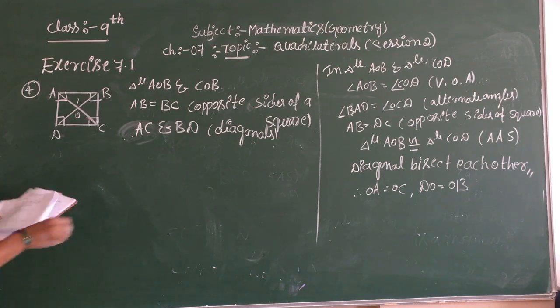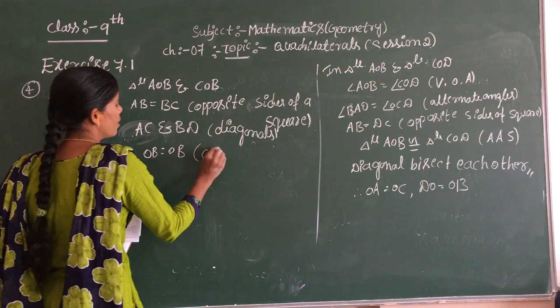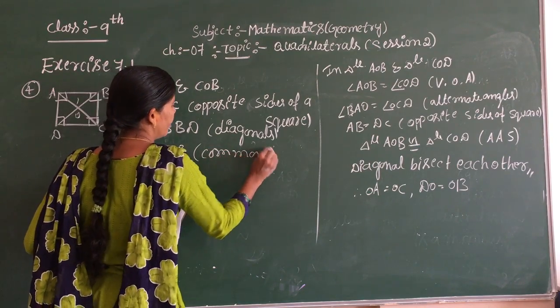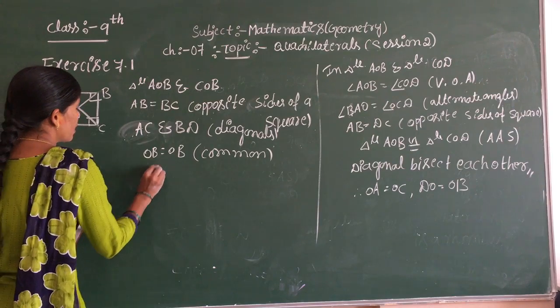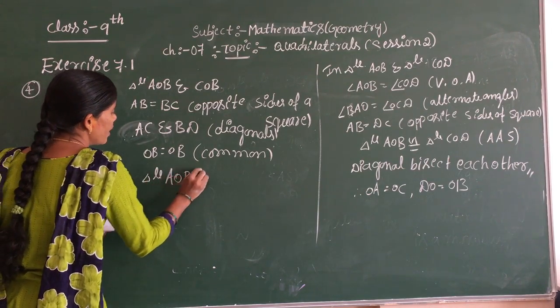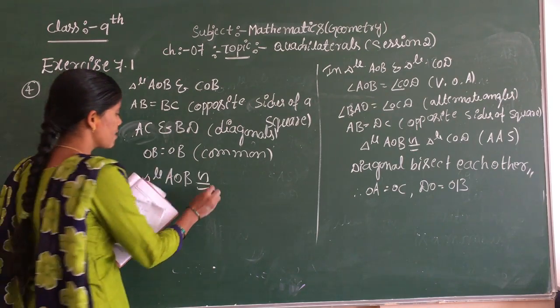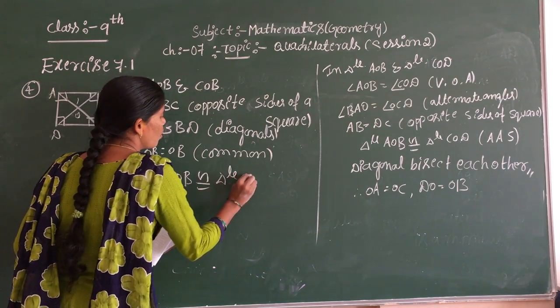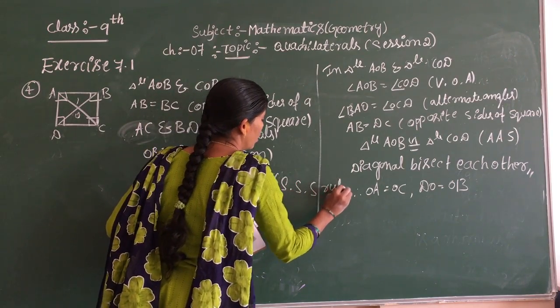OB is equal to OB. What is that? Common side. Okay, common side. Therefore, triangle AOB is congruent to which triangle? Triangle COD, which is the SSS rule.